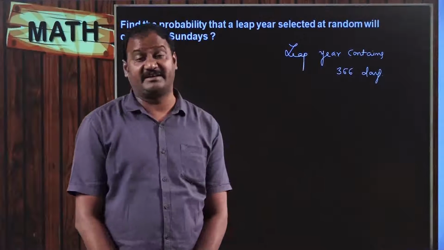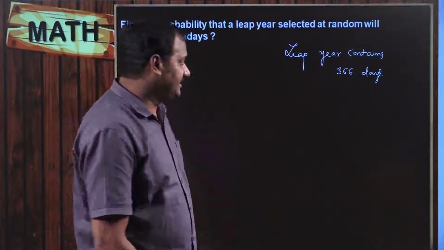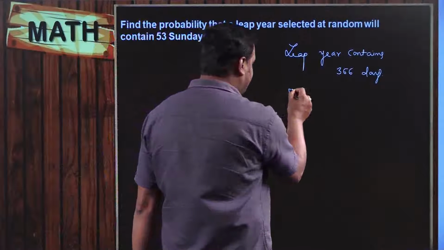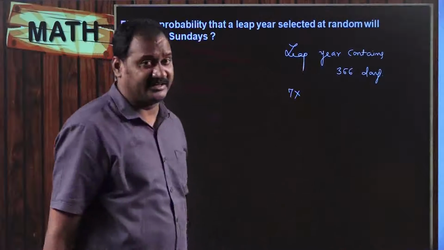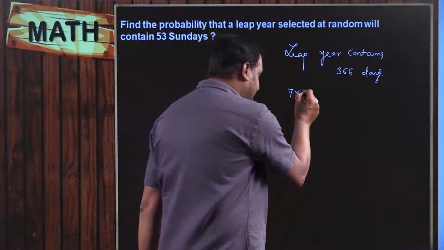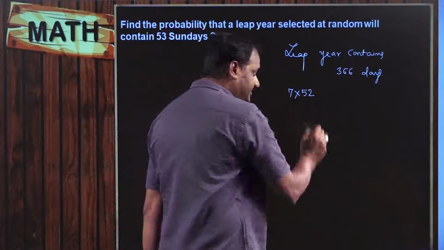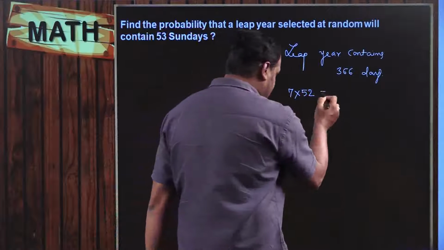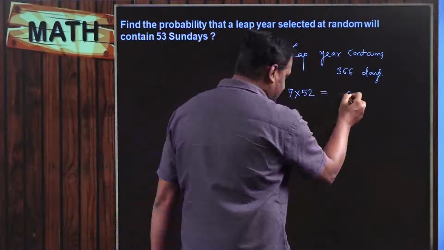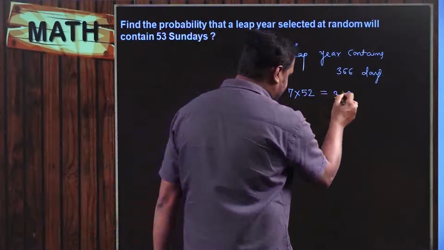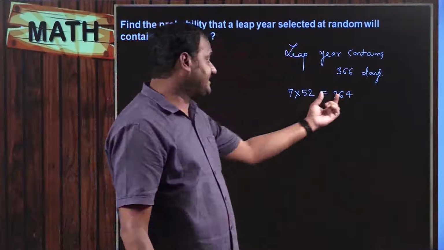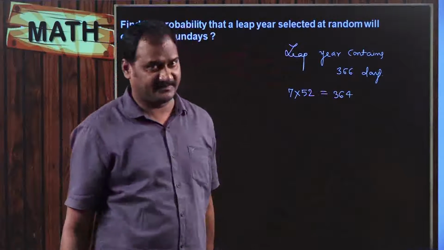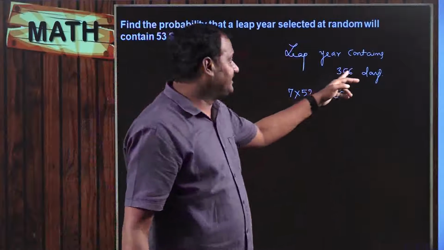A week has 7 days. So 7 times how much is equal to 360, or the number nearer to 366? 7 into 52 is equal to 364: 7 twos are 14, 7 fives are 35 plus 1 is 36. So 364 days has 52 weeks, but we have 366 days.